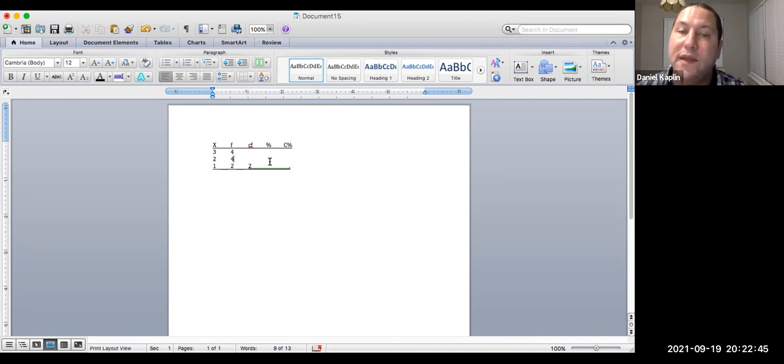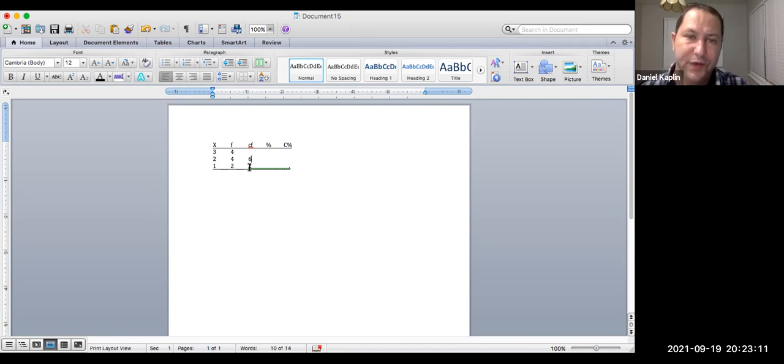So if I want to get the cumulative frequency, working my way up, I should do 2, which was the number in the CF column, plus the 4 that's in the F column. And that would give me 6, right? So that is how I got it.